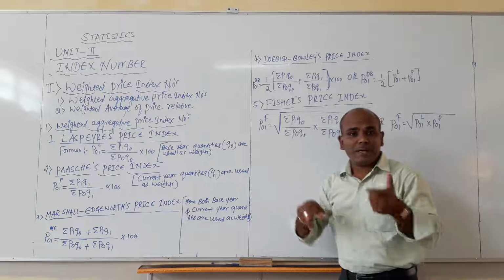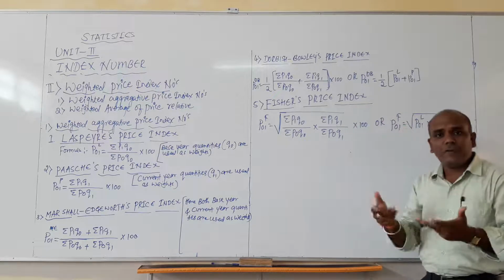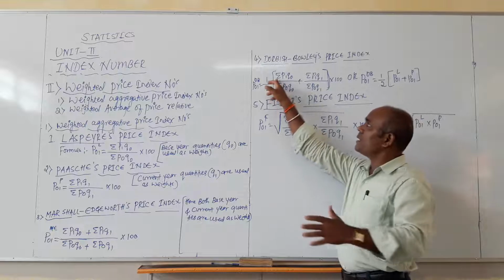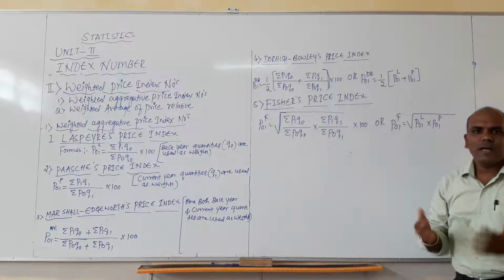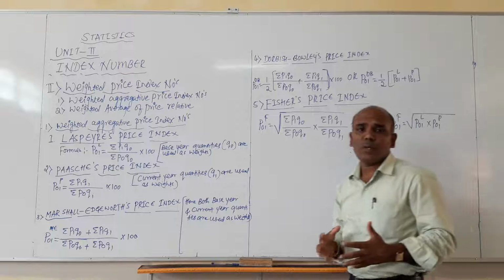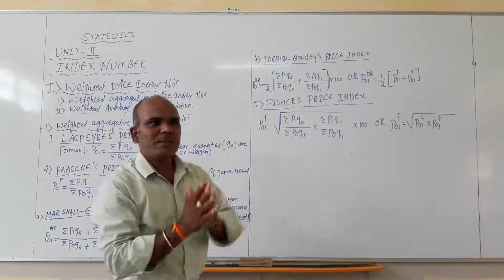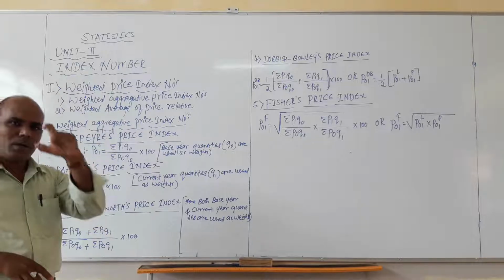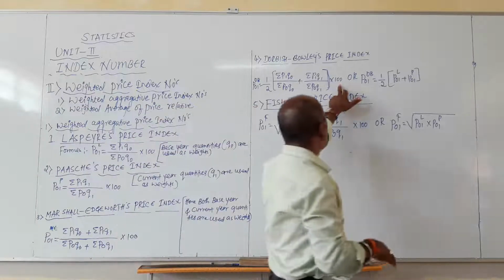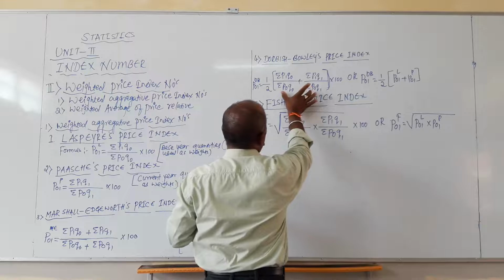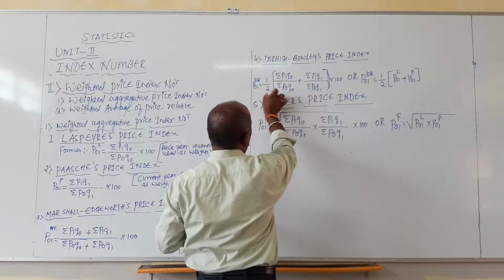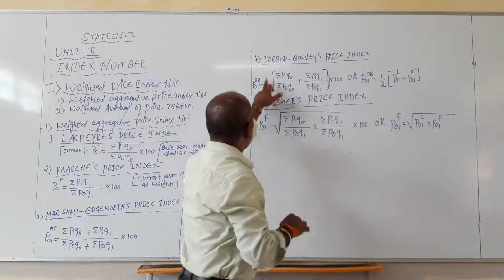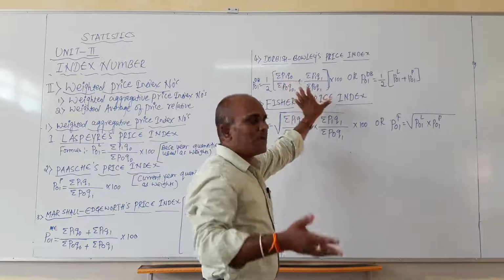P of 0 1 raised to DB equals half, 1 by 2, of summation of P1 Q0 divided by summation of P0 Q0 plus summation of P1 Q1 divided by summation of P0 Q1, into 100. After this calculation you have to consider 50% of this result.